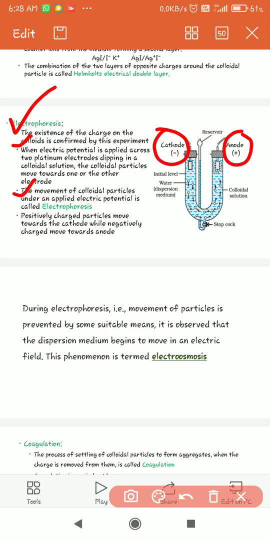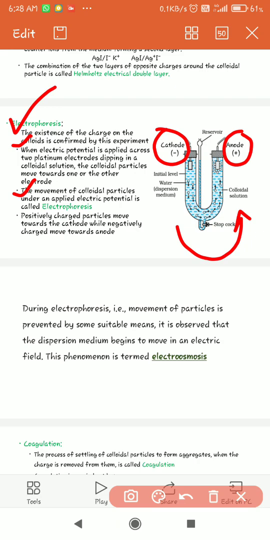Once the electric current is passed, the colloidal particles move in one direction only, toward one electrode. The particles travel unidirectionally by applying the electrical potential.